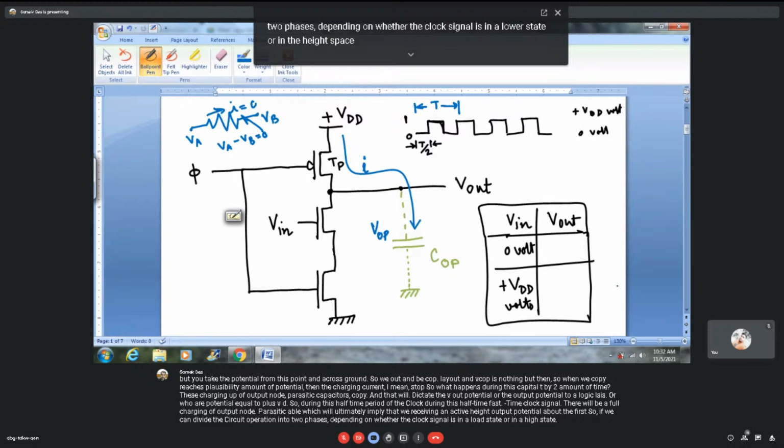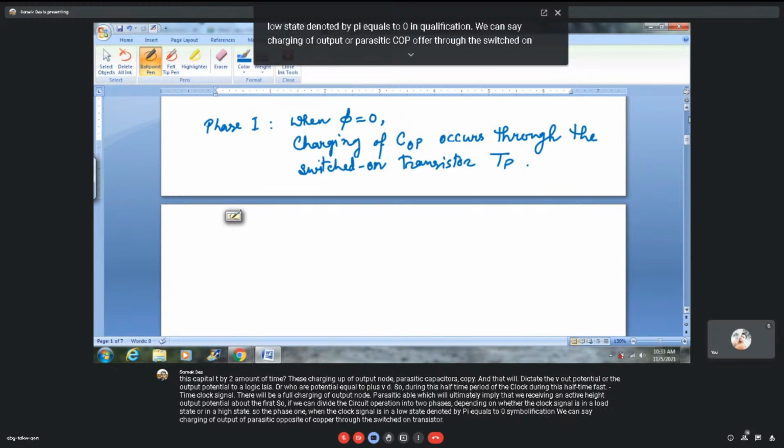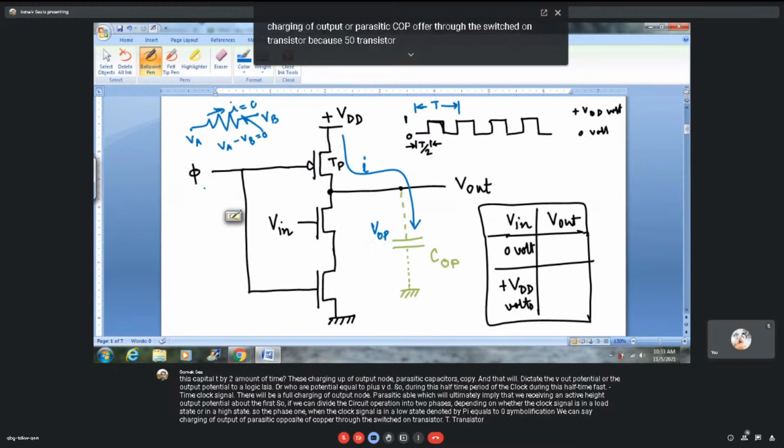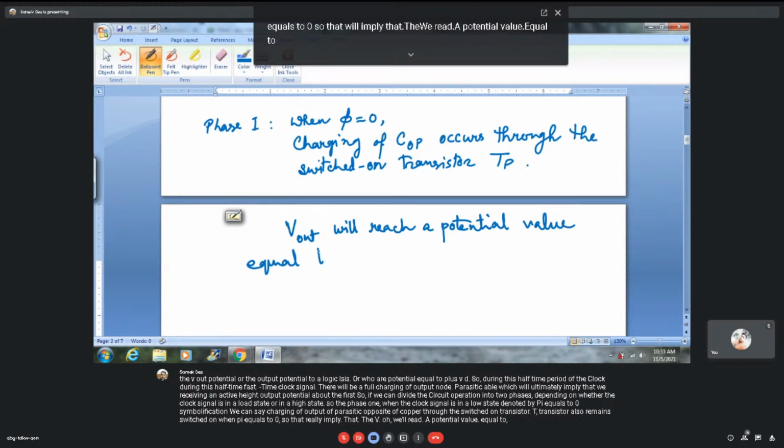In phase 1, when the clock signal is in a low state, denoted by phi equals 0, charging of the output node parasitic capacitor COP occurs through the switched on transistor TP, because the TP transistor remains switched on when phi equals 0. That implies that Vout will reach a potential value equal to plus VDD. That is logic 1.